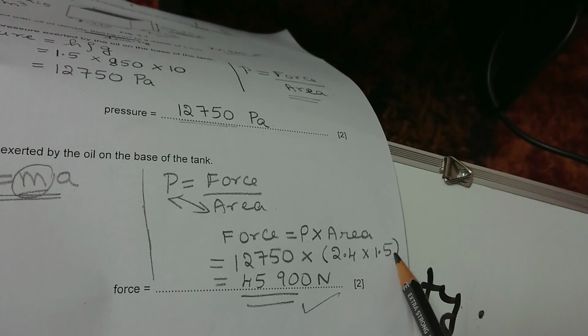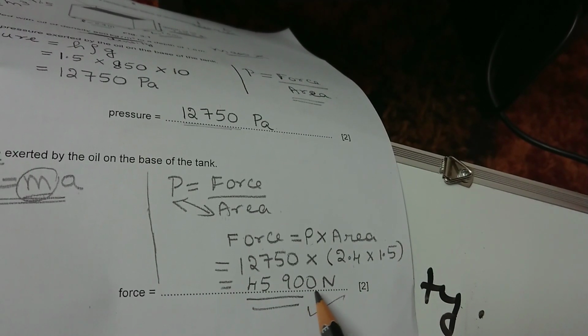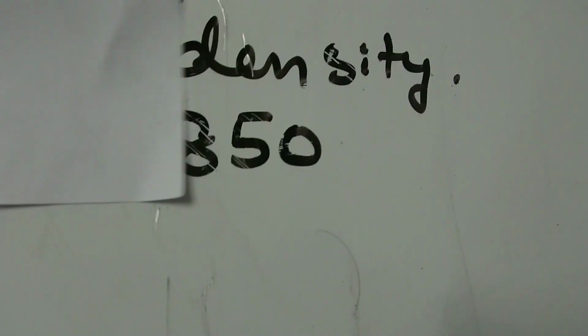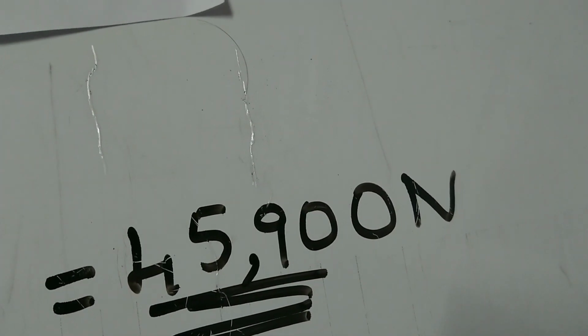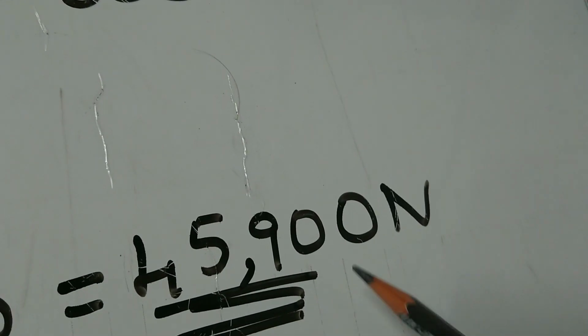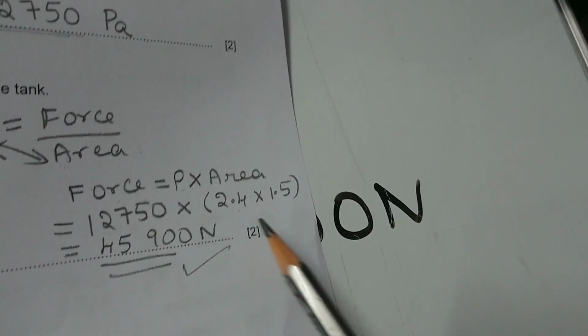Substitute 2.4 times 1.5. Use your calculator. You will get 45,900 Newton. Now check, compare your answer. See, here also we are getting 45,900 Newton in the other method. But this method is lengthier than this method. So, go to the easiest method.